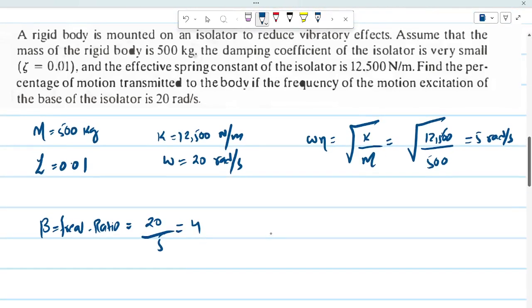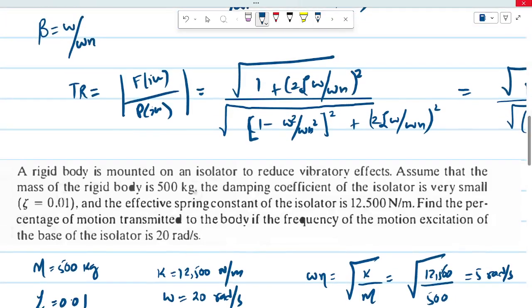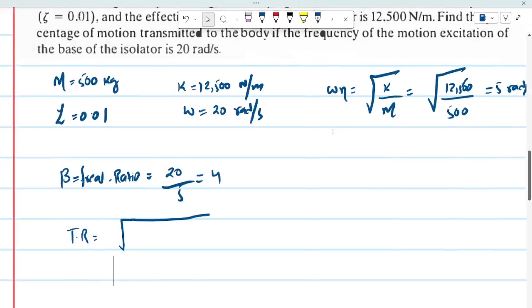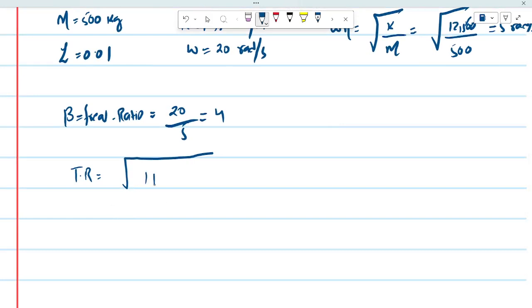And so we can directly use the transmissibility, that is equal to the square root of 1 plus (2 times the damping ratio times the frequency ratio) squared, divided by the square root of (1 minus frequency ratio squared) squared plus (2 times the damping ratio times the frequency ratio) squared.